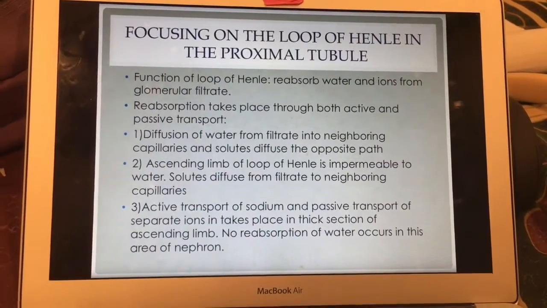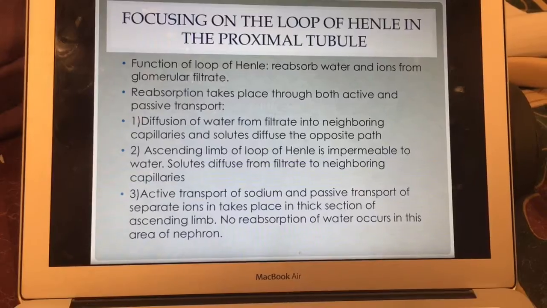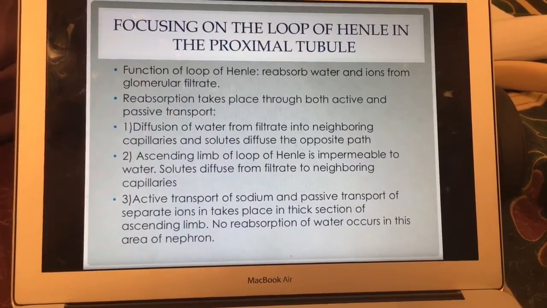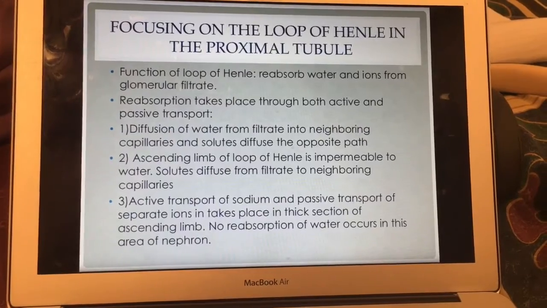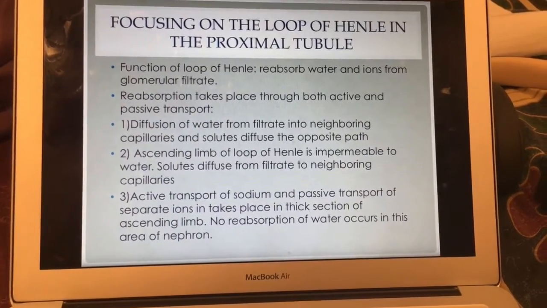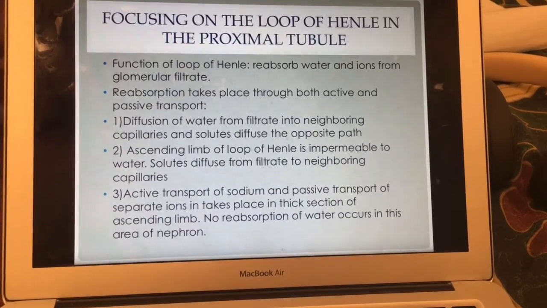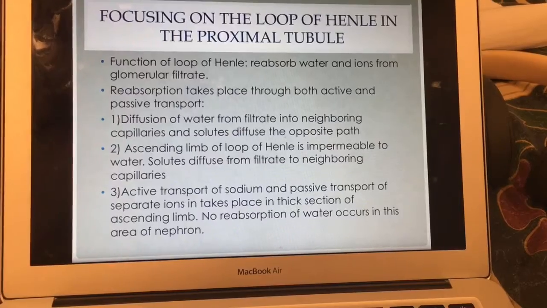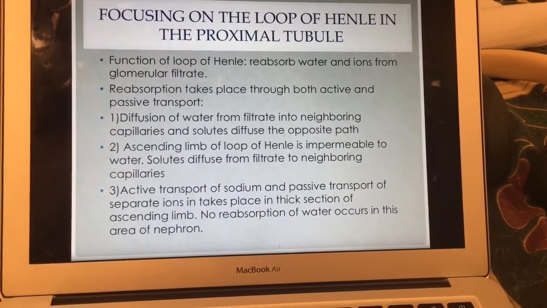So now, the function of the loop of Henle is to reabsorb water and ions from the glomerular filtrate. Reabsorption takes place through both active and passive transport. First, diffusion of water from the filtrate into neighboring capillaries, and solutes diffuse the opposite path.